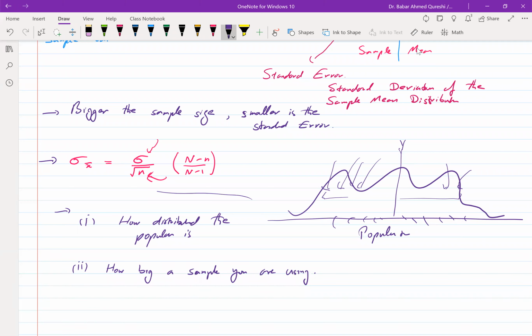So, apart from these qualitative factors, we can say some very concrete things about the distribution of the sample mean, these two.